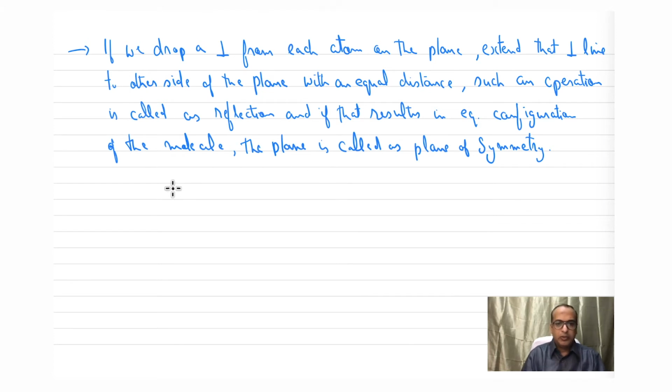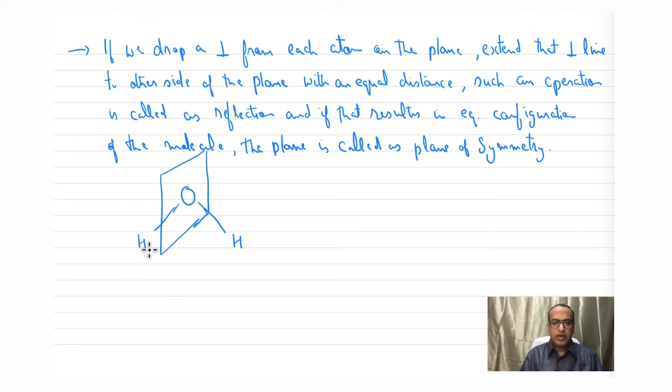Okay, let us try to see an example of a plane of symmetry. Let's say we have a water molecule, and this is my plane of symmetry, which is perpendicular to the plane. If the water molecule is lying in the plane of this board, then the plane is perpendicular to the plane of the board. I'll also draw it in Cartesian format if that makes it easier.